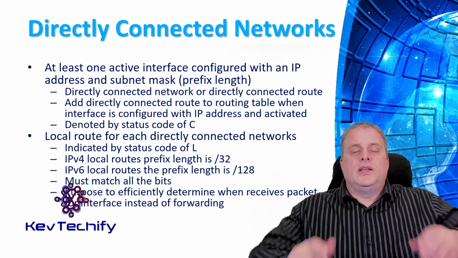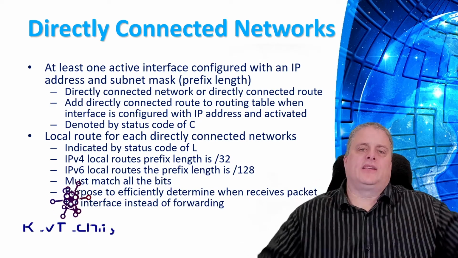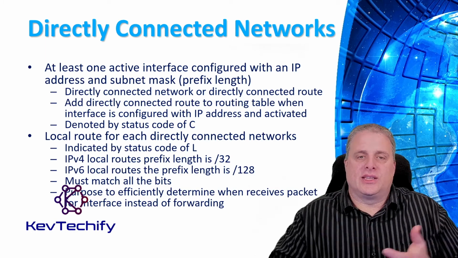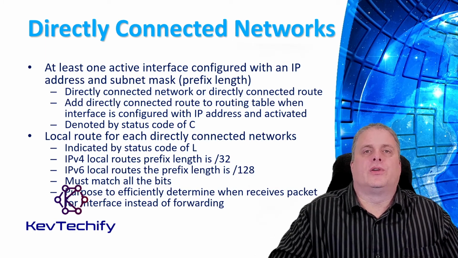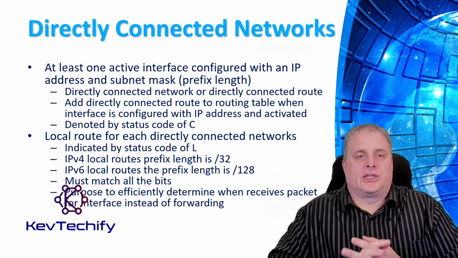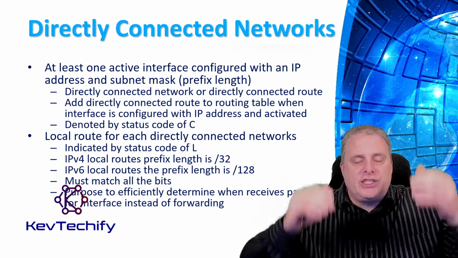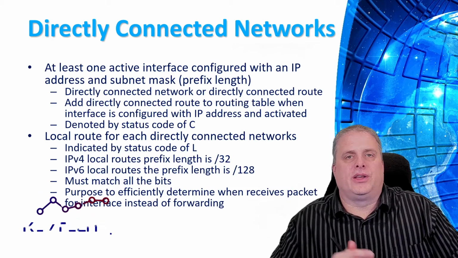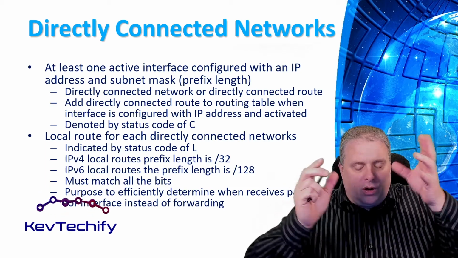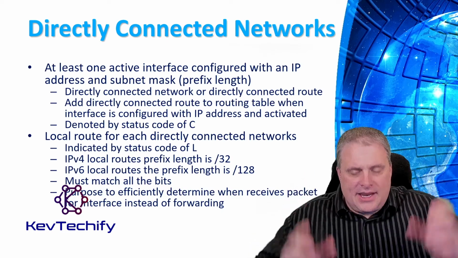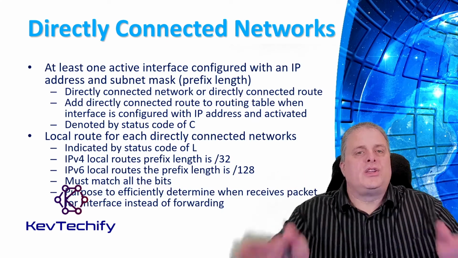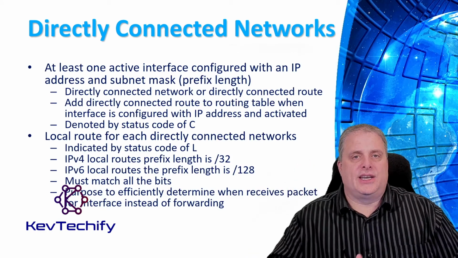A router needs to have at least one active interface. That active interface has to be configured with an IP address and a subnet mask, or a prefix length if you're doing IP version 6. It has to have that turned on. That is your directly connected network, or some people call it a directly connected route, where we can have that connection onto the local area network and we deliver that packet right to the destination.